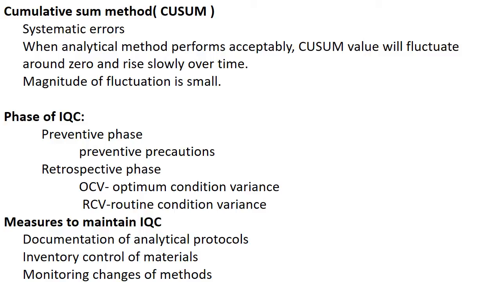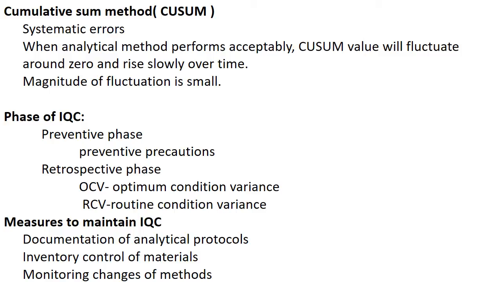Next, moving on to monitoring changes of methods. A record or log of all the changes and problems occurring with the method should be maintained. It should include date, time, analysts and the changes in the lots of reagents, materials and calibrators.